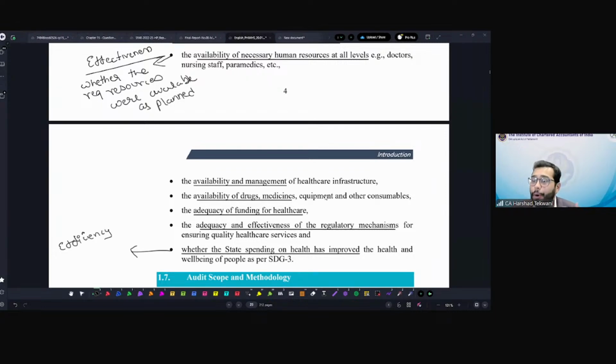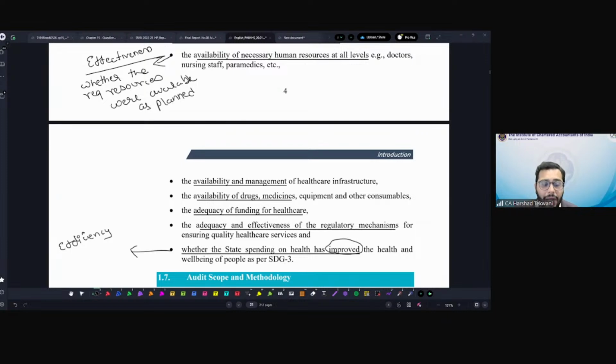So this improvement is nothing but me checking the efficiency part. With the minimum input, with the minimum funding, can I get maximum output? That is the efficiency part I'm checking.